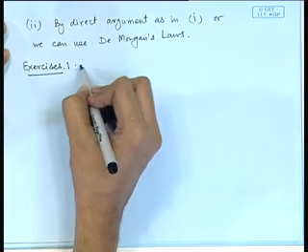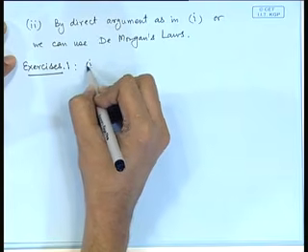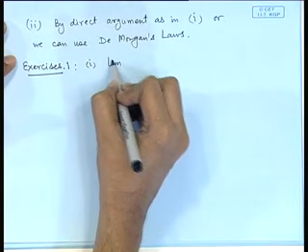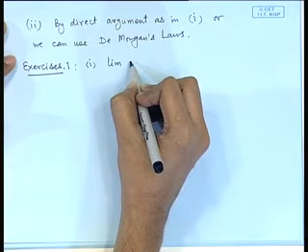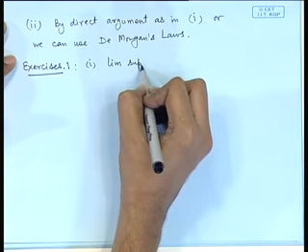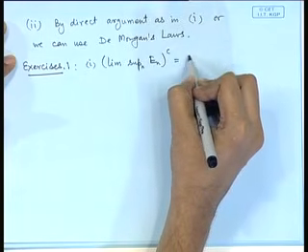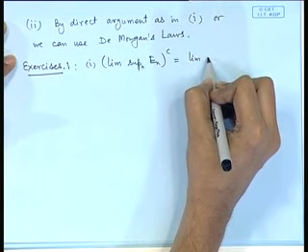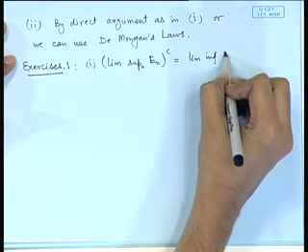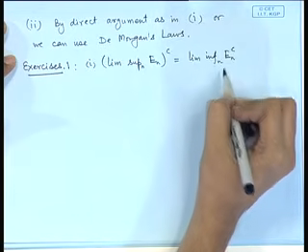For example, if I consider the limit superior of a sequence of sets, and if I take the complement of that, then it is equal to the limit inferior of the complements of the sets.